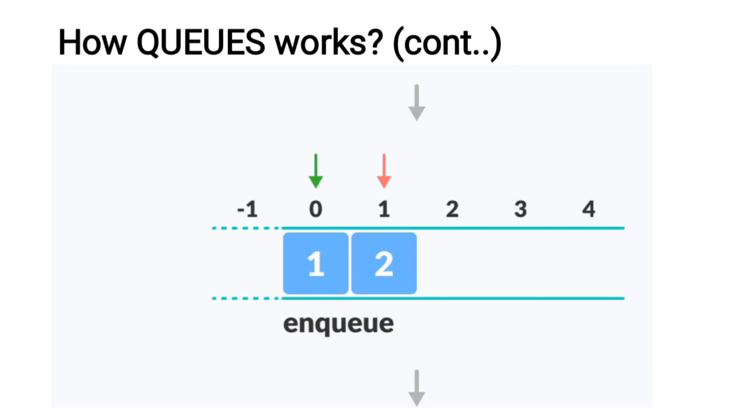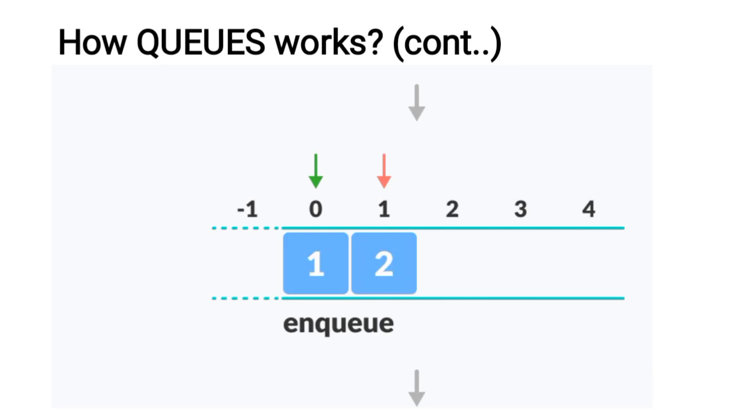So the front will keep track of the first element, meaning that where there is the first element, that is the position the front will take. Let's say the first element is at position 0, the front will take the value of 0. If the first element is at position 1, it means that the front will be equal to 1.